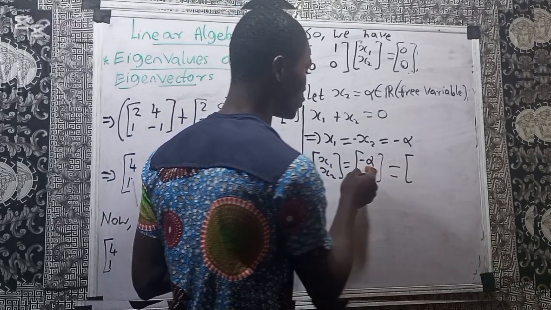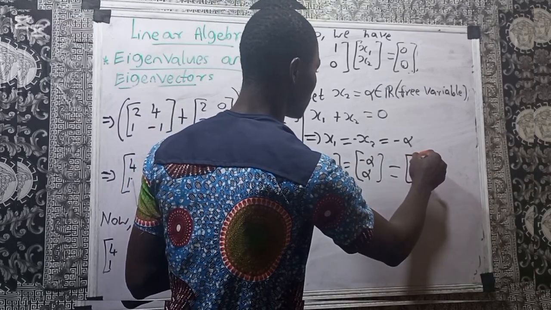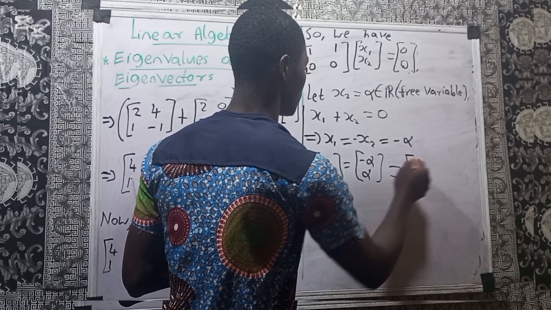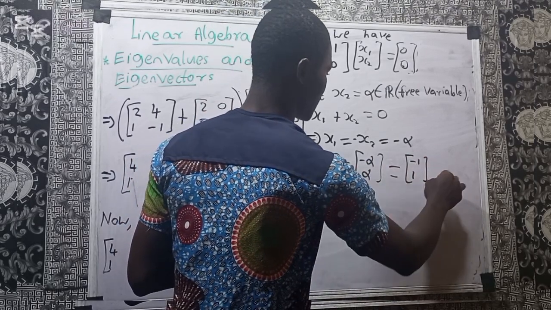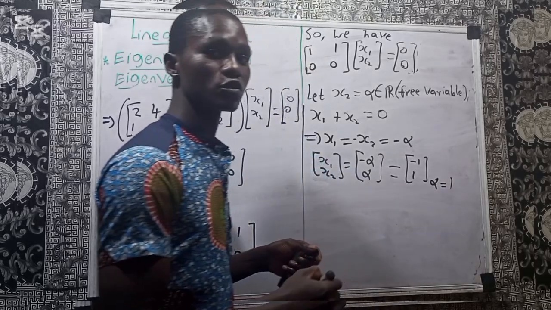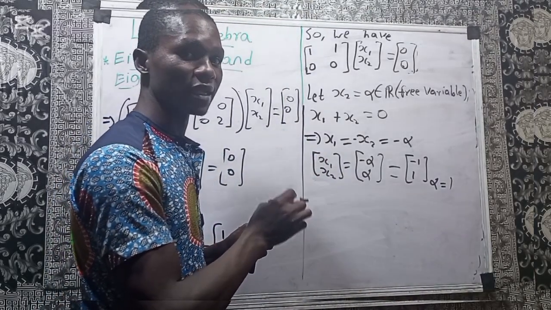If you choose alpha to be 1, we are going to have negative 1, because we have negative alpha here, and then 1. So we have gotten the eigenvector corresponding to this very lambda.